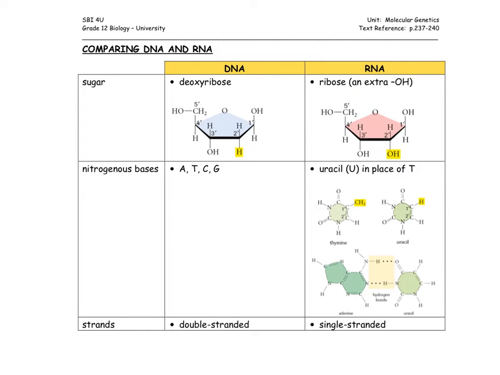Let me try to make this visual for you. Let's say in DNA, along the whole strand, I had adenine, then thymine, then cytosine, and then guanine. What that would mean when mRNA is making a copy is that the copy would have the complementary bases.